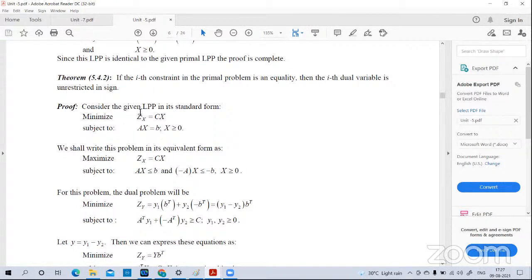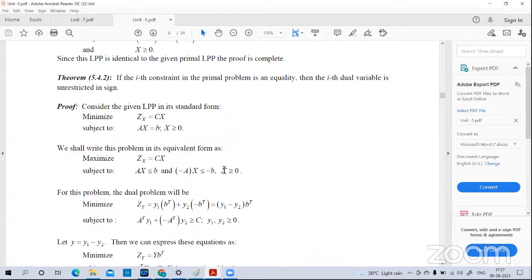So consider the given linear programming problem in standard form: minimization z equal to cx, subject to the constraint Ax equal to b, x greater than or equal to 0, and maximization z equal to cx, subject to the constraints Ax less than or equal to b, minus Ax less than or equal to minus b, x greater than or equal to 0.